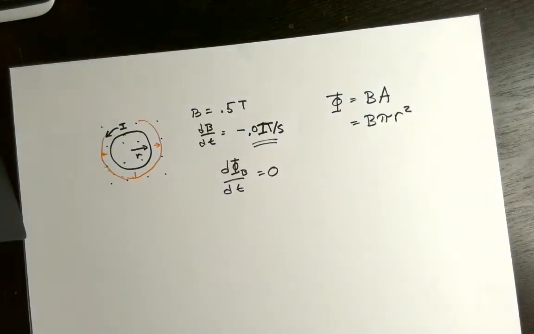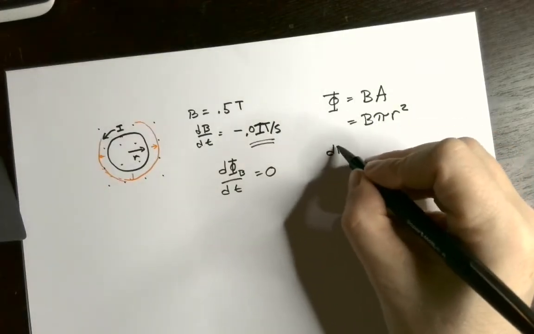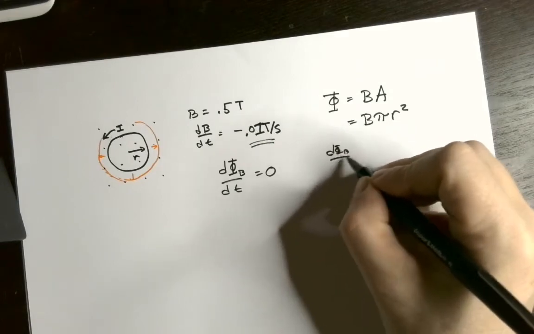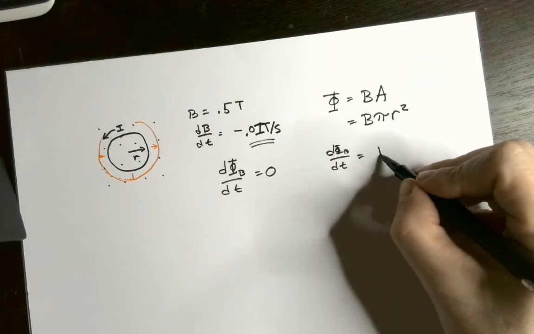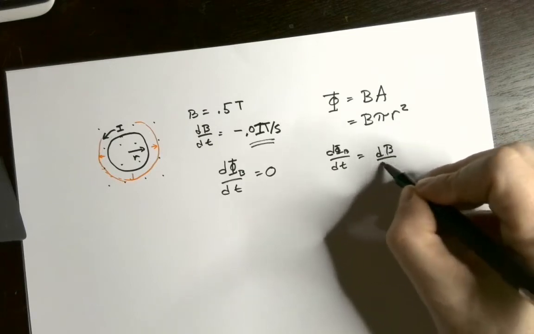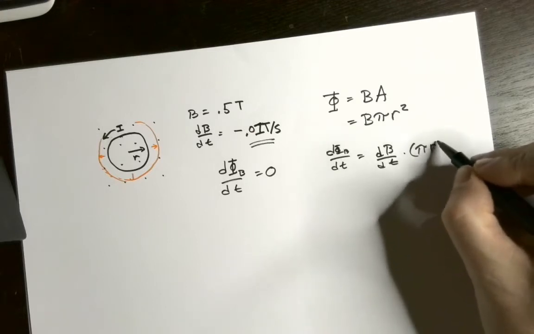If just B is changing, then the rate of change of the flux, d phi B dt, would be equal to dB dt times pi r squared.